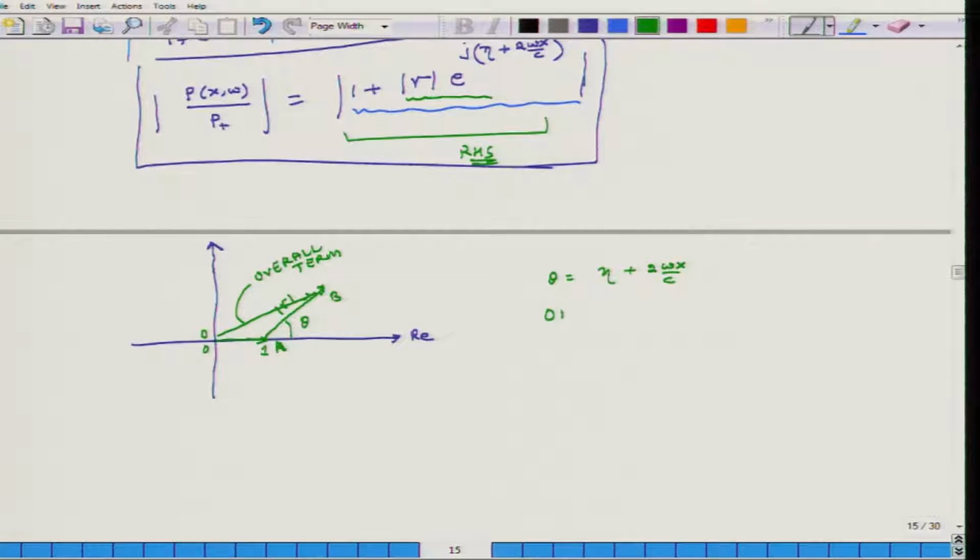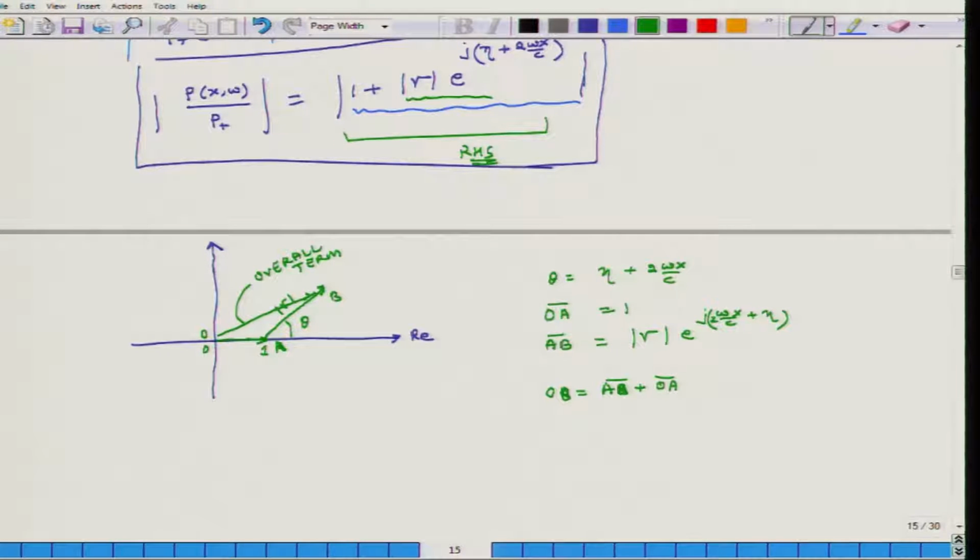So, we will make it explicit. OA represents 1, AB represents gamma times exponent j (2 omega x over c plus eta). There is a 2 here. Okay. And the last thing is OB is equal to OA plus AB, right.